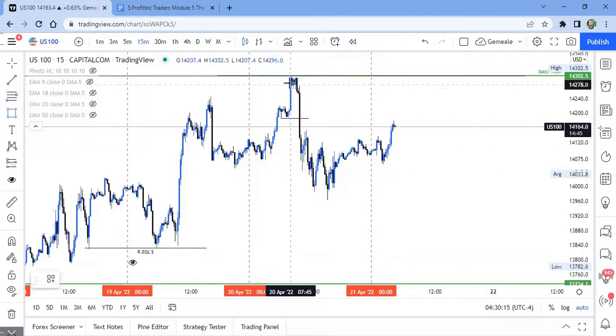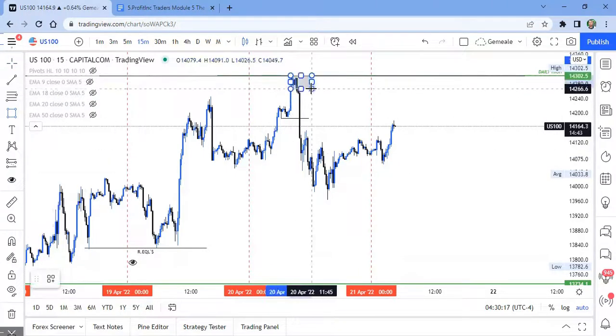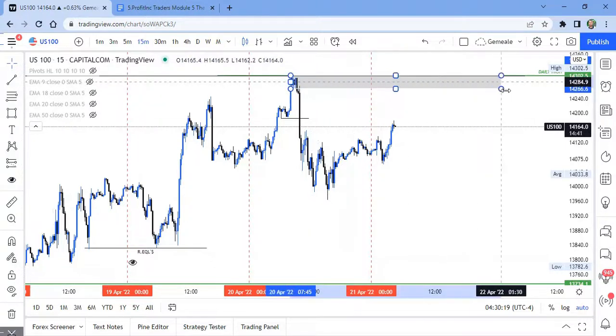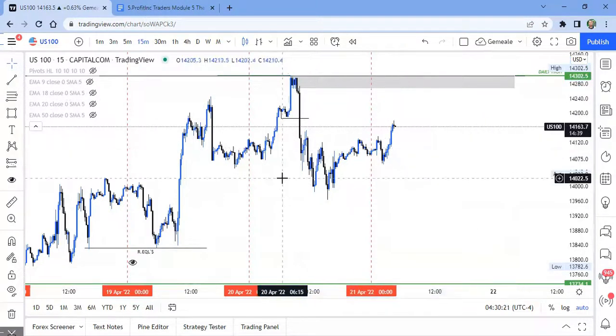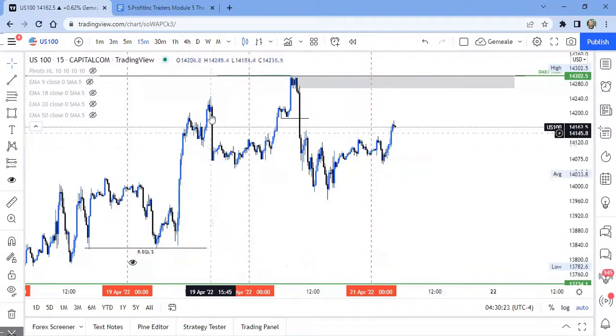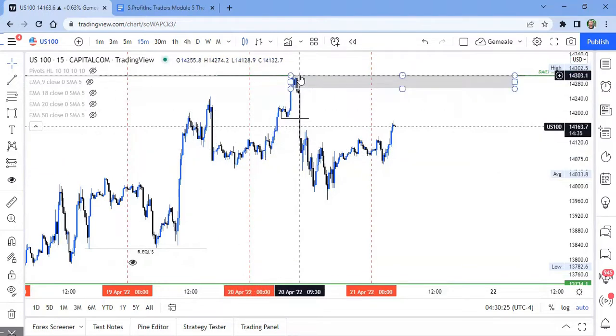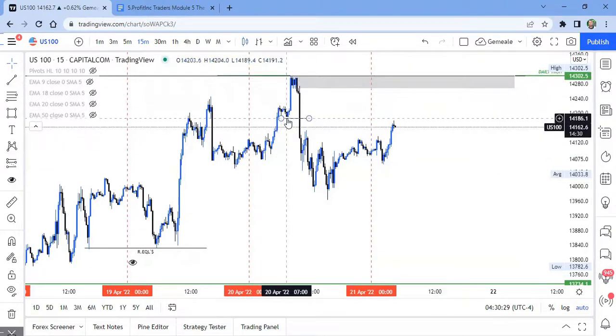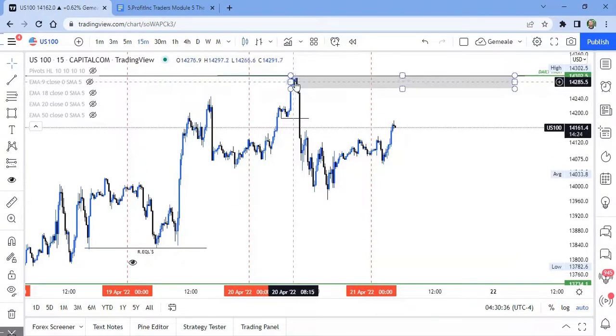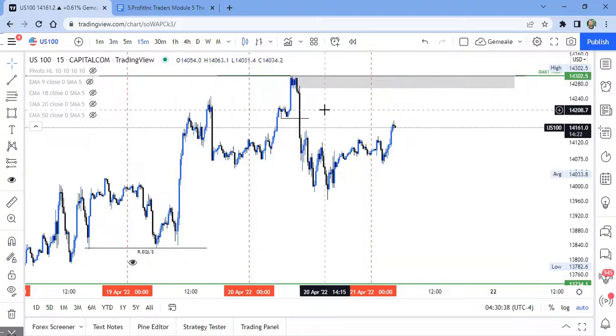So let's look here. This level here, I can see we have an order block there. Why is it a valid order block? Because we've been moving higher, consolidated, we moved higher, and we had a shift. We broke this previous higher low, and we broke it with massive displacement. So these few consolidation candles will be our reference for our order block.